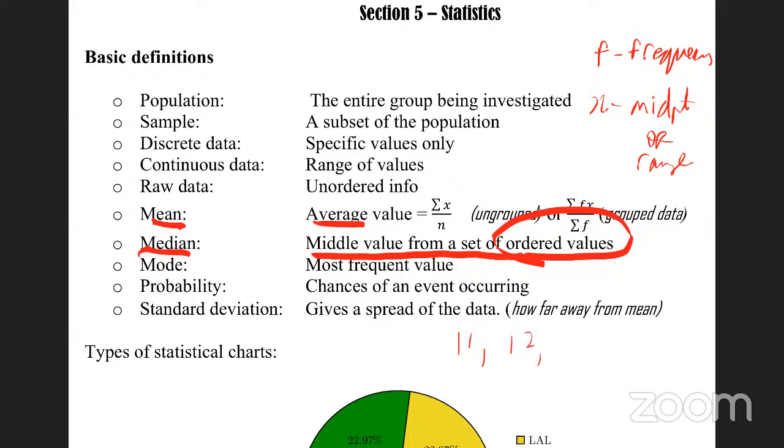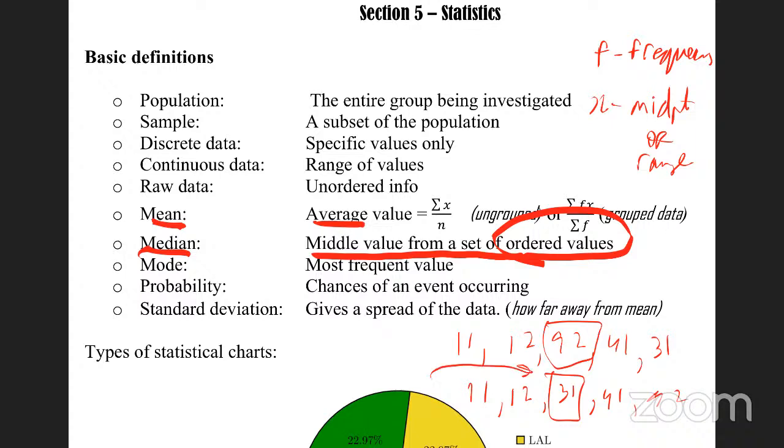So if I gave you 11, 12, 92, 41, 31, the first thing you have to do before you find the median, which is the middle value, is put them in order. So you put 11, 12, 31, 41, 92. This 31 here is your median. It must be ordered.